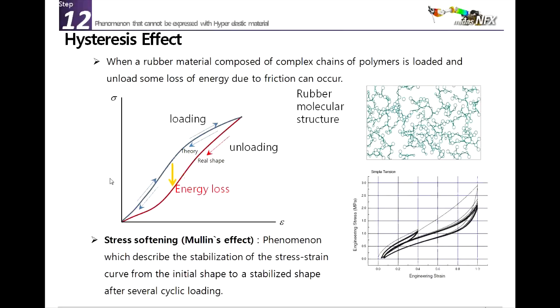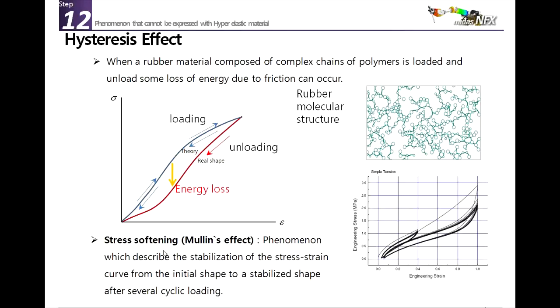Now, there's something that you should be aware of, called the hysteresis effect. When a rubber material composed of complex chains of polymer is loaded and unloaded, you still have some loss of energy due to the friction that occurs between the molecules.